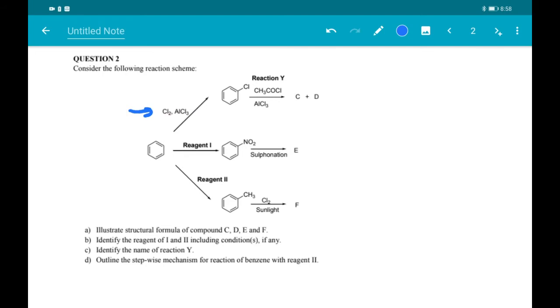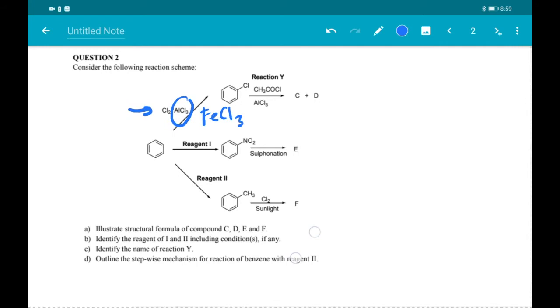Alright, for this reaction, instead of using AlCl3, we can also use iron chloride. Okay, please refer to your notes. And then Cl2, in this case, as you can see here, when we add the Cl2 with AlCl3, what's going to happen is one of the hydrogen, to be precise, this part of the hydrogen will be replaced with Cl.